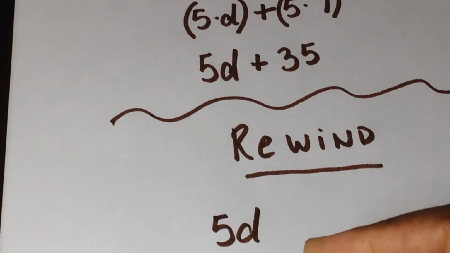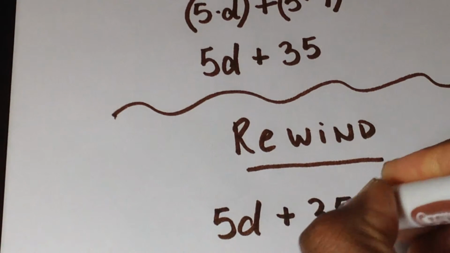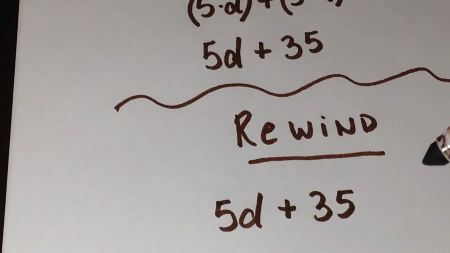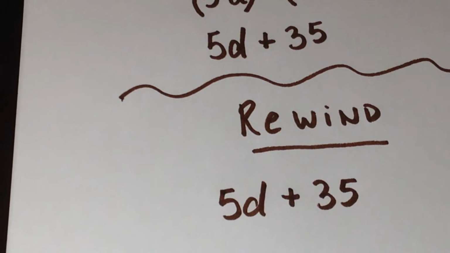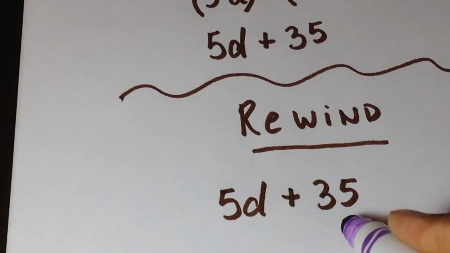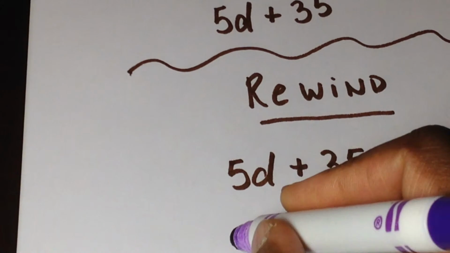But imagine now we started with 5d plus 35. And now we're going to work to get back what we originally started with. All right? So to do that, we're now going to say, okay, the biggest number that I see in here between the 5d and 35 is 5. So it's like working backwards now.